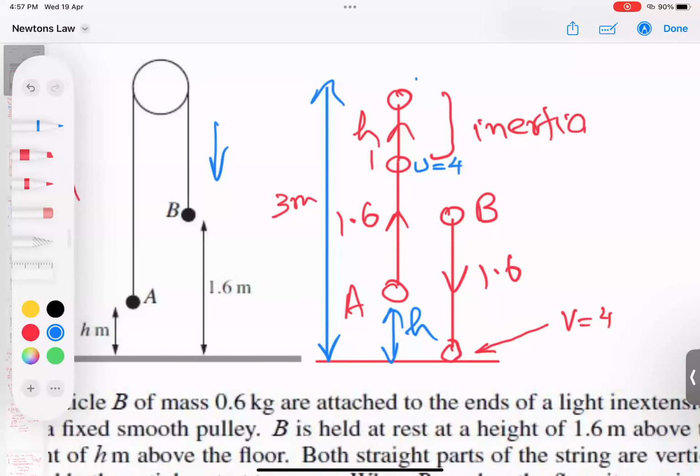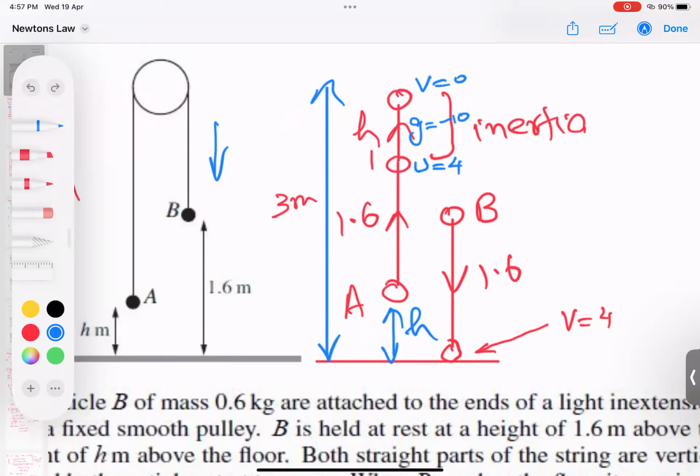The last velocity is 100% zero because it will stop here, and gravity going upward is always negative 10. Using this data, I can find this H1 easily. I repeat, using this data I can find the distance very easily. The full distance is 3 meters, and when I have this distance, I can find H easily.